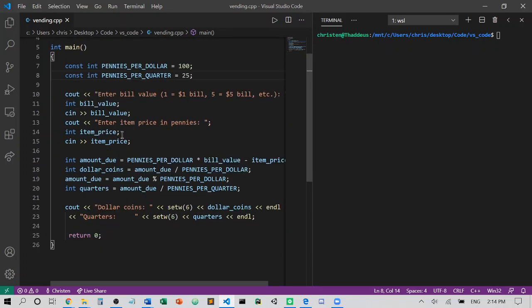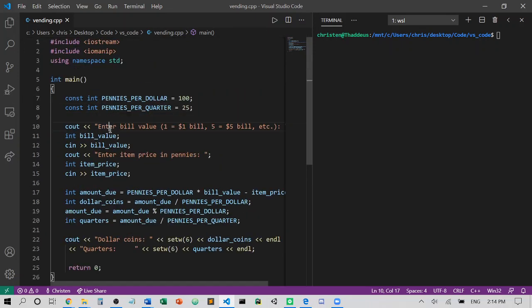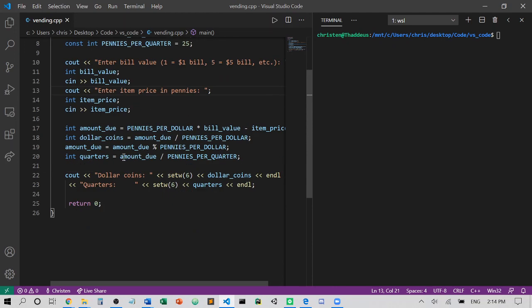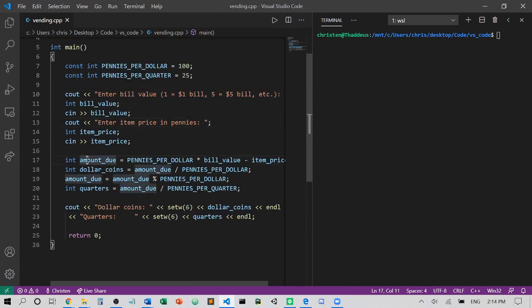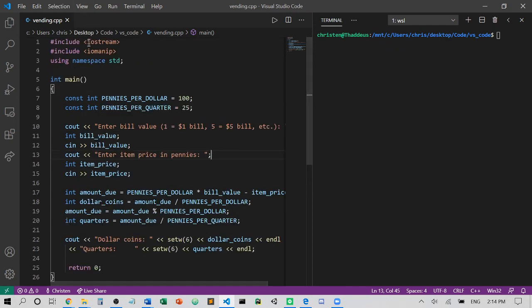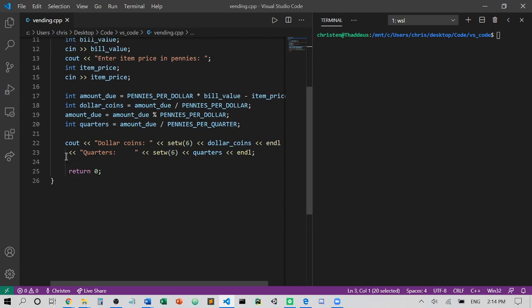And we will gather input for the bill value from the user, and we will gather the value of the item price in pennies. From that, we will calculate an amount due, the dollar coins, and we will calculate quarters after redefining amount due. Lastly, we are going to be using set width, so we'll be using the IO manipulation library, and we will print out our results back to the user.